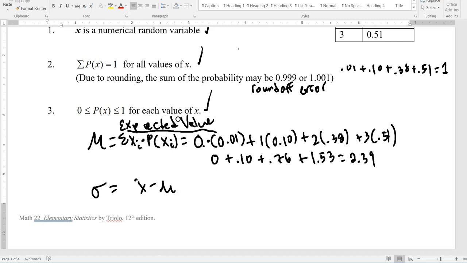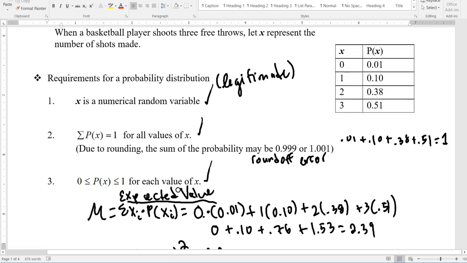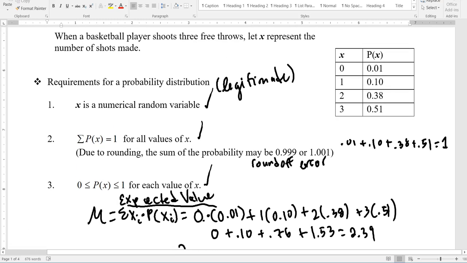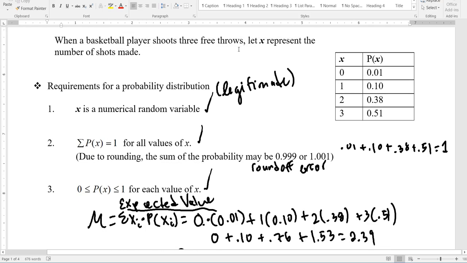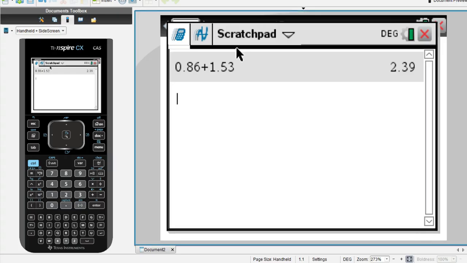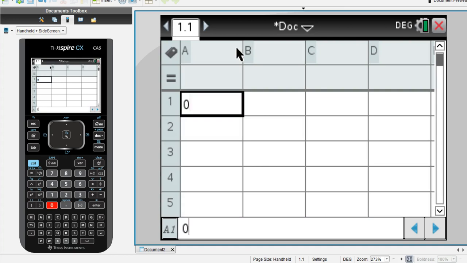And we're going to take that and square them, multiply them by their probabilities, and then add them. That doesn't look like a lot of fun. So I am going to show you this one more time. We'll use our calculator to do this. Every x minus the mean times the probability. It's not too hard. The x's range from 0 to 3.